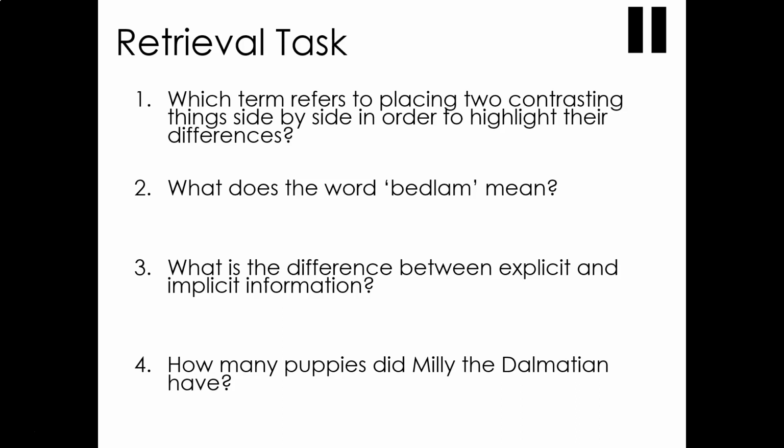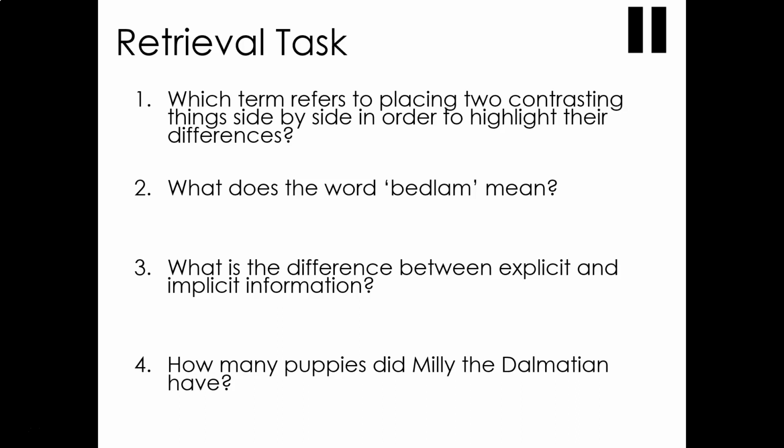Number 3, what's the difference between explicit and implicit information? Well, you may have phrased this slightly differently, but I want you to check your answer carefully here. So explicit information, we said, was that information which is directly stated in the text. It's very easily proven. We can find clear evidence of it.